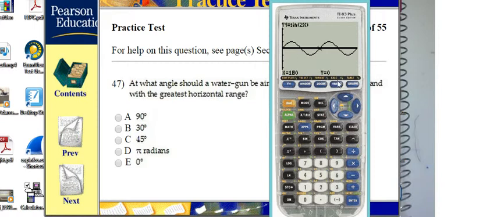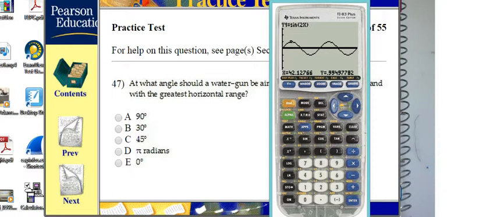The maximum value occurs at about, well, we want positive 1. So what we're looking for is this y value, and it looks like it gets pretty close to 1. And if you guys remember, sine of theta has a range of positive 1 to negative 1. Now when we put the 2 theta in here, the only thing that changes really truthfully is how we get to 90 degrees.